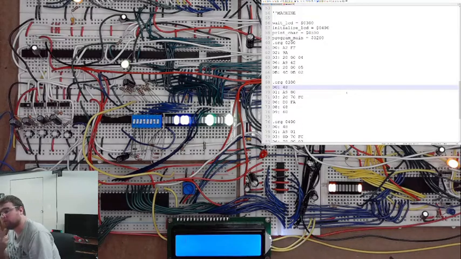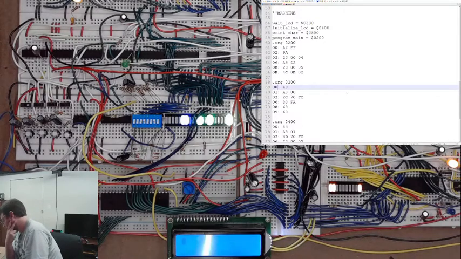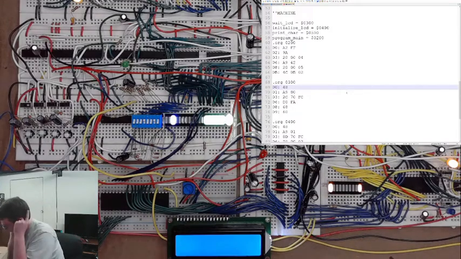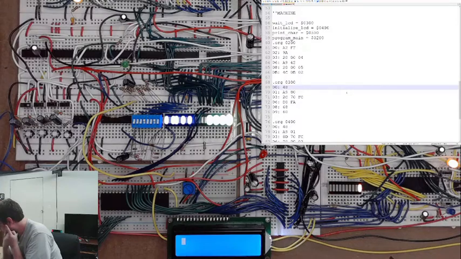That was 2 times. So no, it hasn't. Hopefully. So that should have been 1 time through. That should have been just the clear screen. Okay. There's 1 time. That should have been turned to display on.